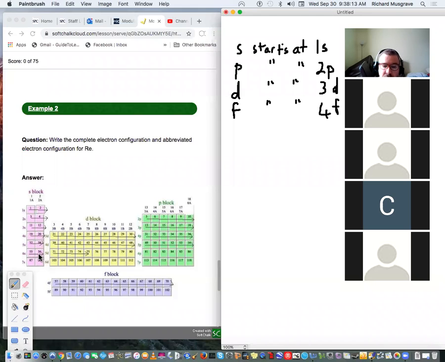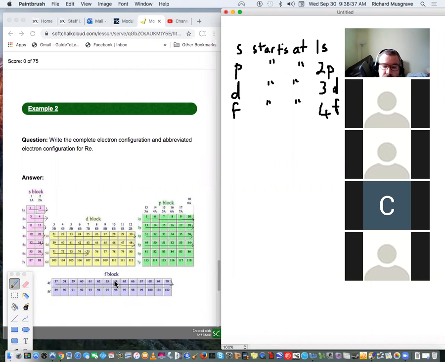Now you'll notice here that we're at 56, but then it jumps over here to 71 on the 5d. So what happens in between? Well, in between we have 4f, and 4f is down here. So it belongs in this region right here between the 6s and the 5d. So that's the 4f, and the f starts at 4f here.